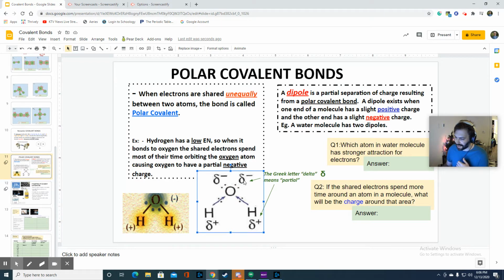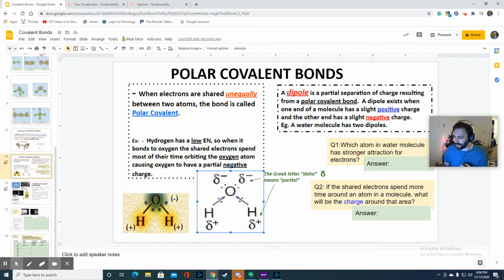These little symbols are the Greek letter delta. It means partial. There are partial negatives around oxygen because it's pulling those electrons toward it, and there are partial positives around hydrogens because those electrons are moving away from the hydrogen.